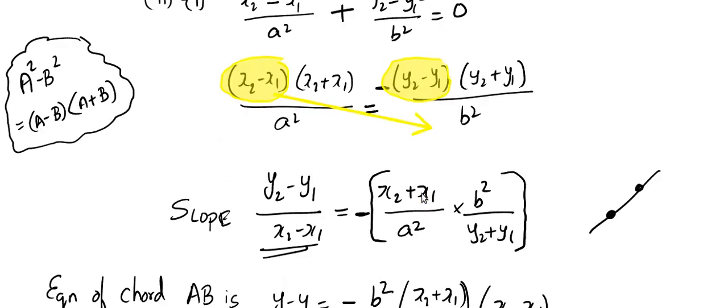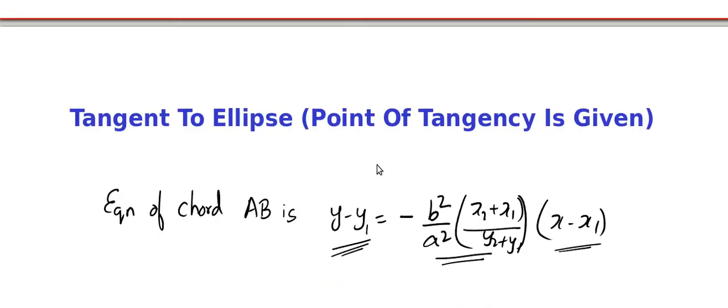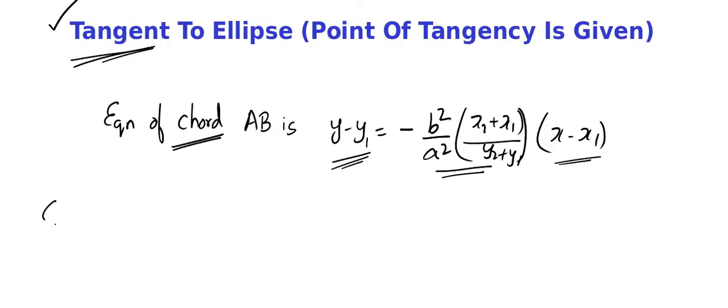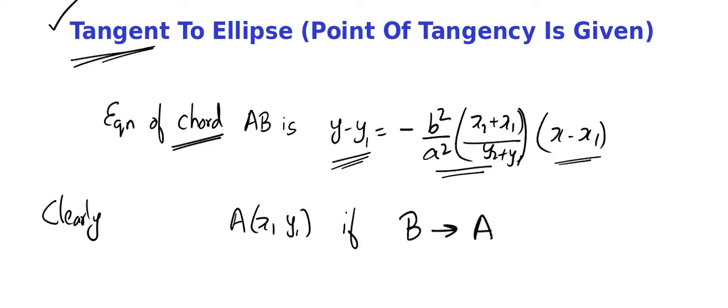So I'm going to write the same dialogue here. I'll repeat once more. They asked me to find the equation of tangent. Finally, what did I derive? Equation of chord. Now I'm going to write a dialogue. Clearly, we know that the chord AB becomes the tangent at A (x1, y1) if B tends to A. That is, (x2, y2) tends to (x1, y1).